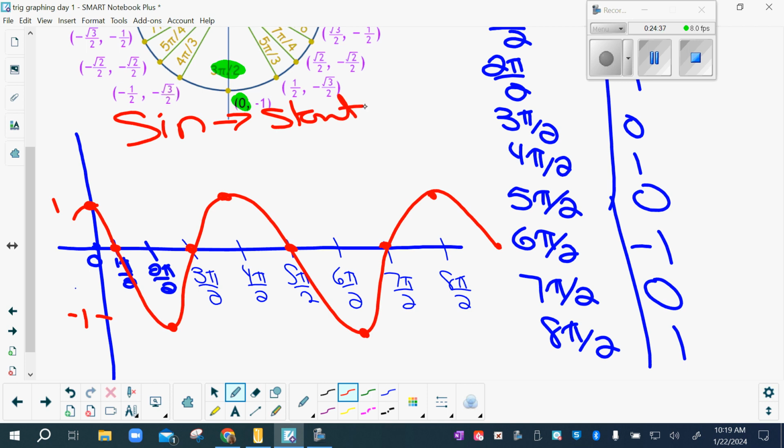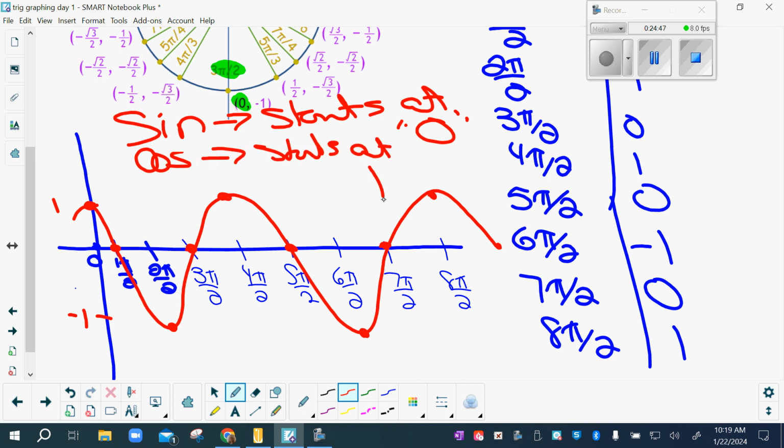I just said the wrong thing, I know: sine starts at 0, and cosine starts at 1. See, I get them flipped. Highest I go is 1 and -1. That's amplitude, and it goes on forever.